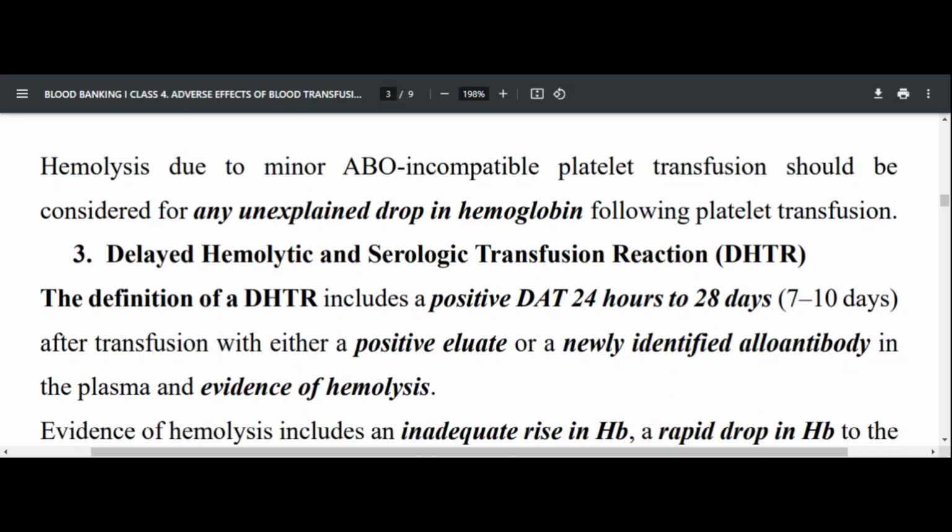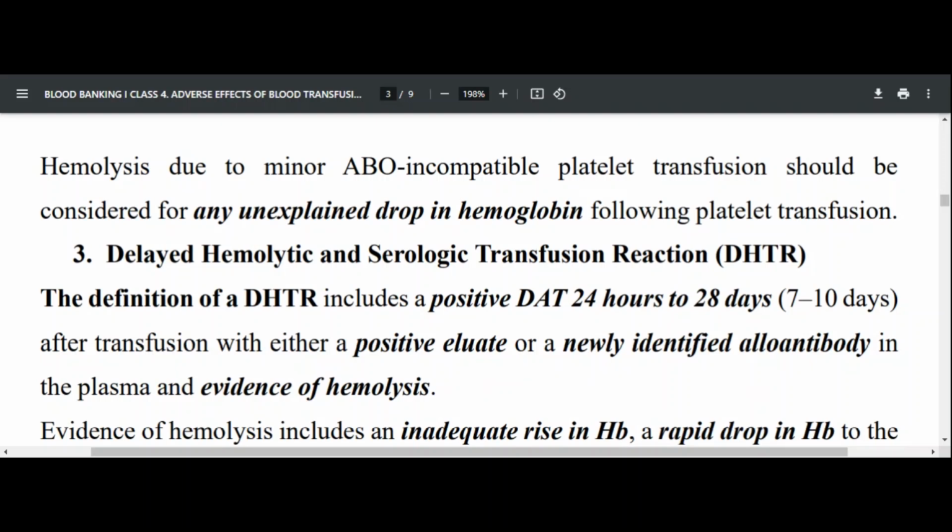For example, that is what we call minor incompatibility of platelet transfusion. For example, when you transfuse platelets and after some time, like 3 days, you see an unexplained drop in hemoglobin, or unexplained reduction in hemoglobin following platelet transfusion, that tells you that the patient to whom you transfused has got antigen for antibodies from platelets that you transfused, right?